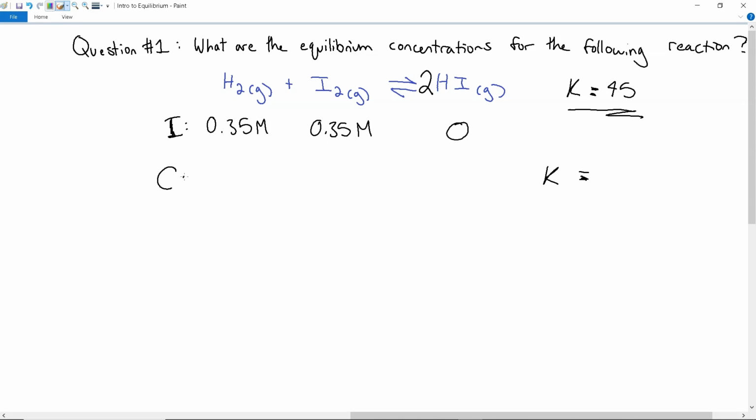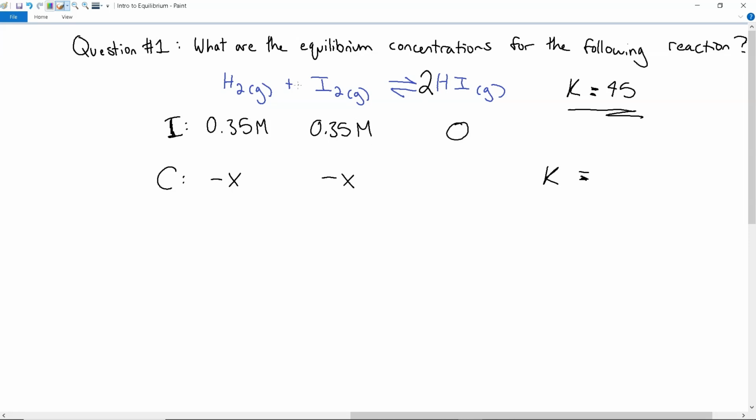So based on our mole ratios, we can think of how these concentrations are going to change. We're going to see a decrease in concentration for hydrogen and iodine, represented as a subtraction of x. And x is referring to our mole ratios, right?